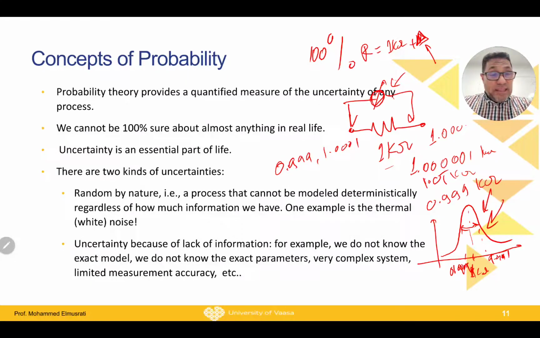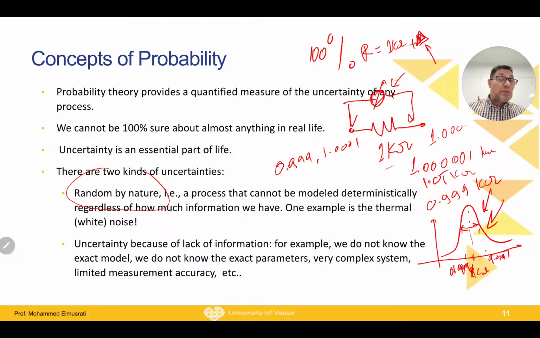Yes, there is another, debatable one actually, which is random by nature. Actually, here in the slide it was given first. Random by nature means that it doesn't matter how much knowledge you have, you will never be able to model the system in a deterministic way. The reason here is not lack of knowledge, but that the process itself is random.